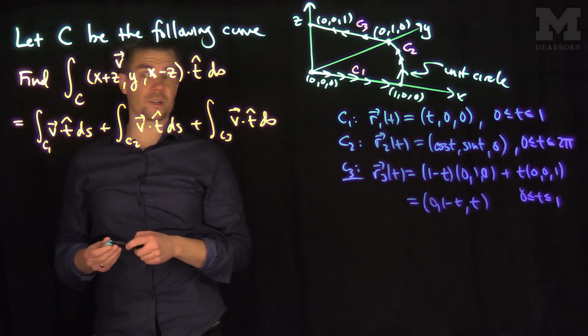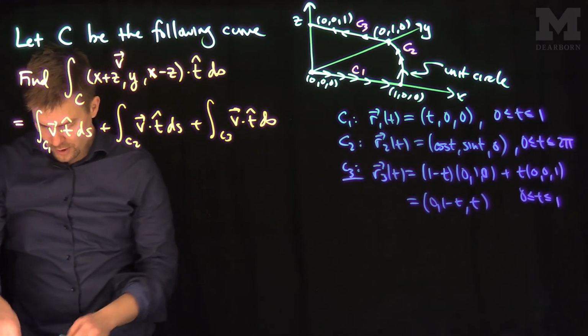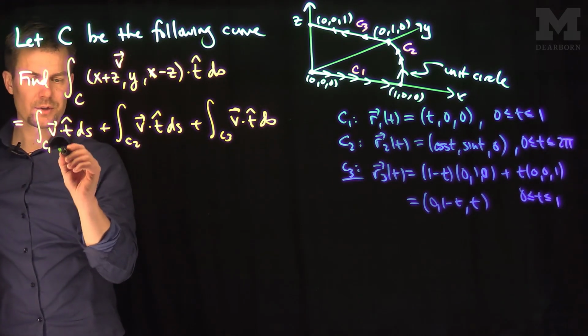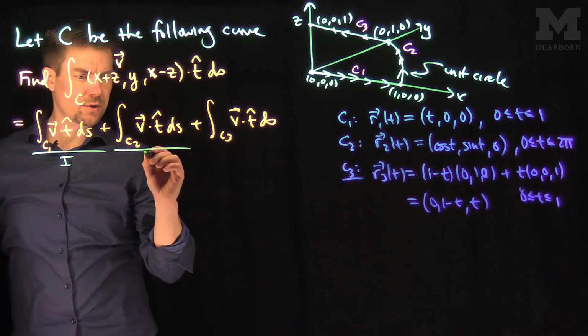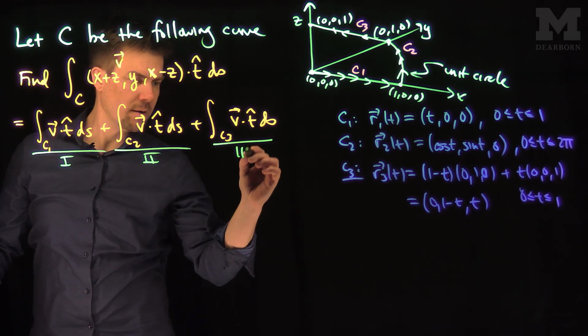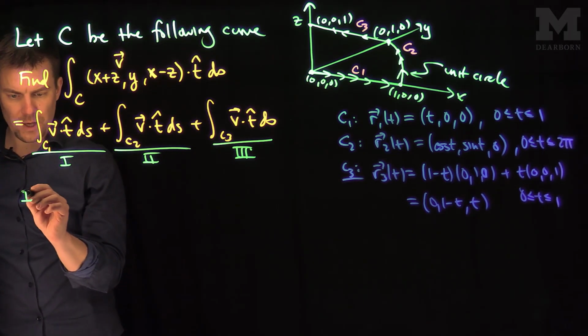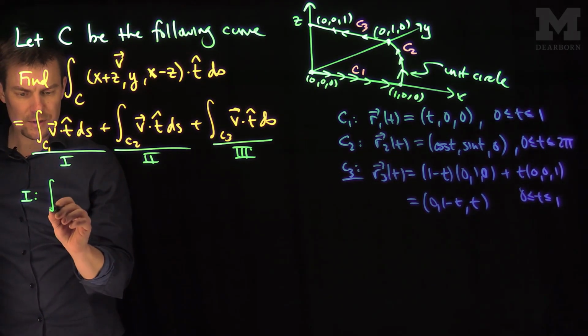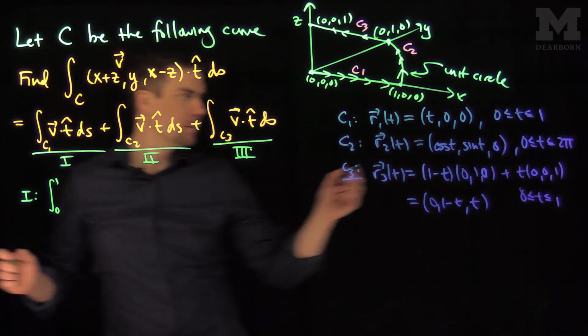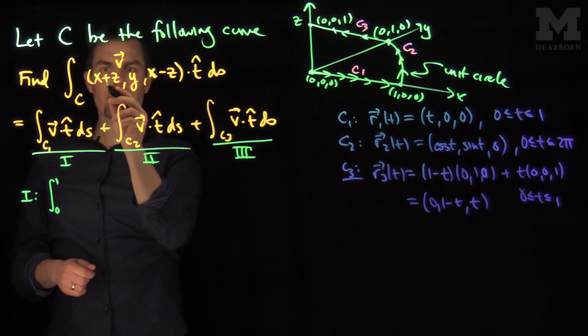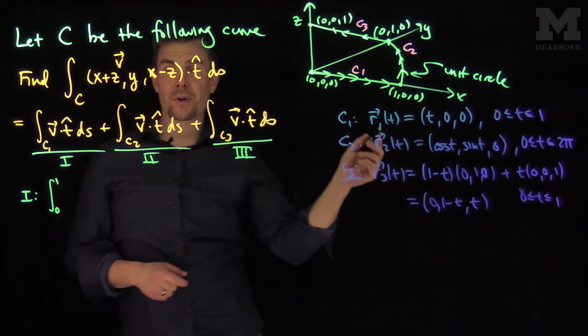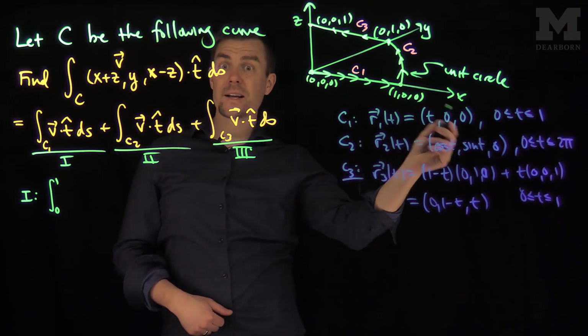So let's do these integrals one at a time. Let's call the first integral 1, the second 2, and the third 3. So what will 1 be? 1 is going to turn into the integral from 0 to 1, that's my parameter. Then in my vector field, I'm going to replace x, y, and z with what they are on the curve. So x is equal to t, y and z are equal to 0.